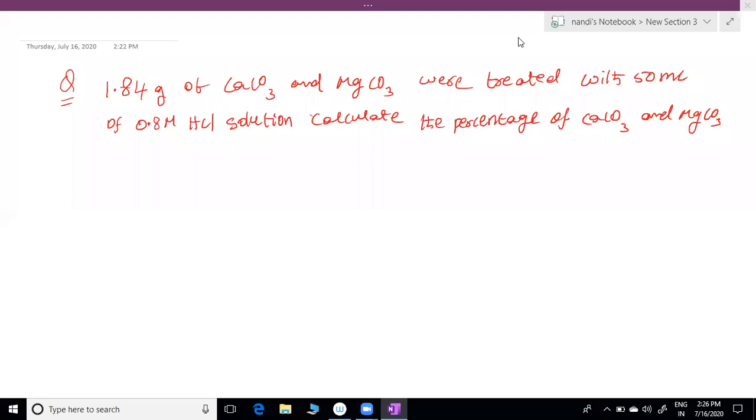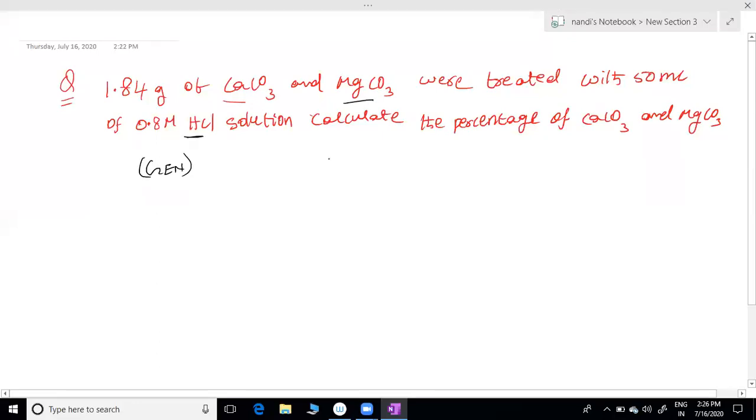Right, here calcium carbonate as well as magnesium carbonate, both react with HCl. This is acid. So I can write simply the formula, sir.